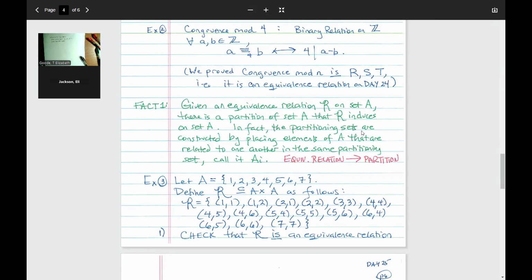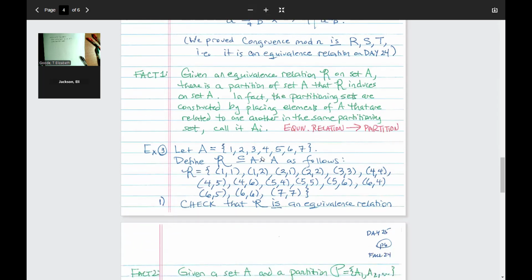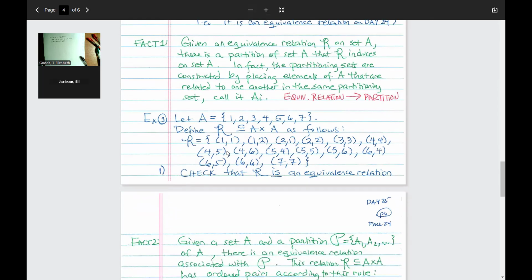In fact, the partitioning sets are constructed by putting elements of A that are related to one another in the same partitioning set. You could call it the set A sub i. Remember partitions, we had A1 and A2 and A3, and when we union them up, we get all of A. So fact 1 says you take an equivalence relation, and from that you can build or go to a partition.